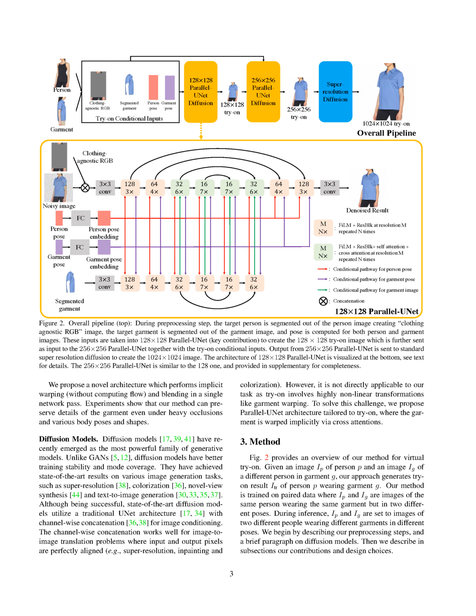The authors propose a novel architecture that performs implicit warping and blending in a single network pass, preserving garment details even under heavy occlusions and various body poses and shapes. Additionally, diffusion models have emerged as powerful generative models, but traditional UNet architecture with channel-wise concatenation is not directly applicable to TryOn. Therefore, the authors propose a Parallel-UNet architecture tailored to TryOn, where the garment is warped implicitly via cross-attentions.